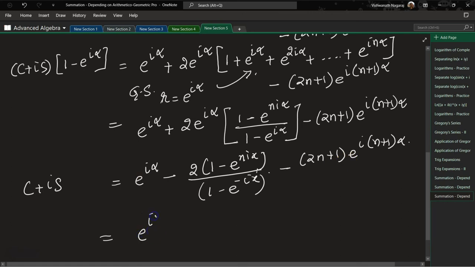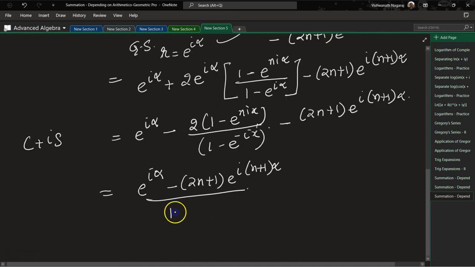Let's combine them. 1 to the power of i alpha minus (2n plus 1) e to the power of i(n plus 1)alpha by 1 minus e to the power of i alpha. And this one, let's keep it separate.